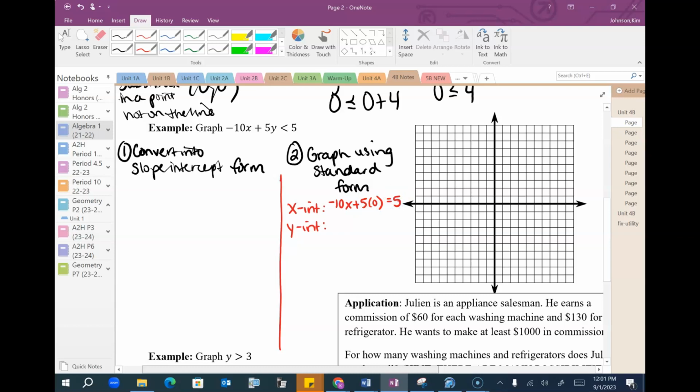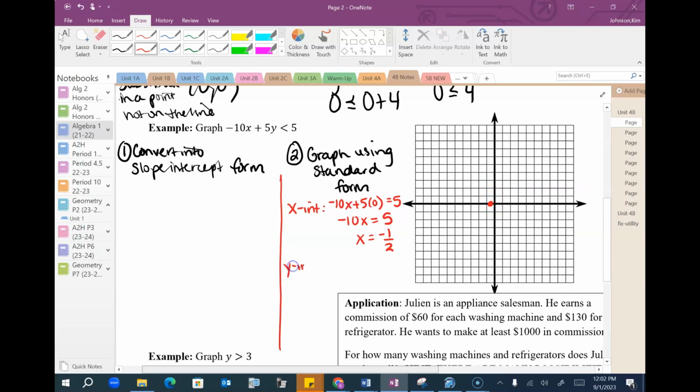For the sake of this problem, I'm using an equal sign because I'm solving for the x-intercept, so I'm changing this from an inequality to just an equal sign. So negative 10x equals 5, and the x-intercept is negative 1/2. I'm going to plot an x-intercept between 0 and negative 1 there.